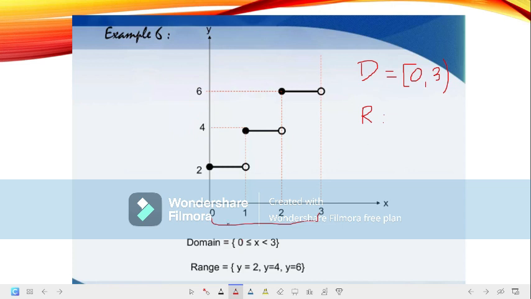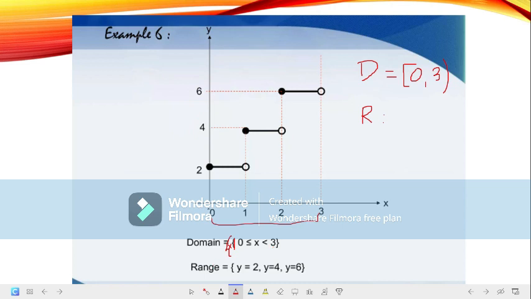Let's go back to the domain. The domain would be the set of all x's such that x is greater than or equal to 0 and less than 3.